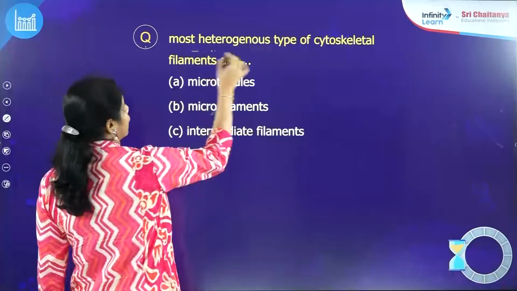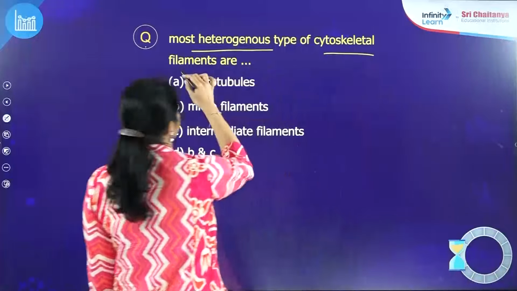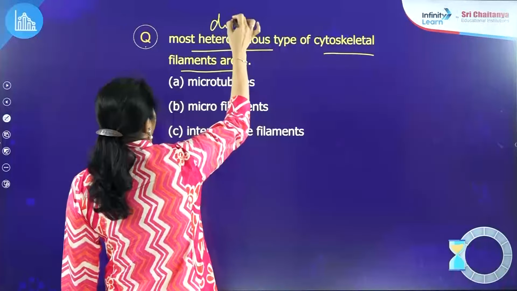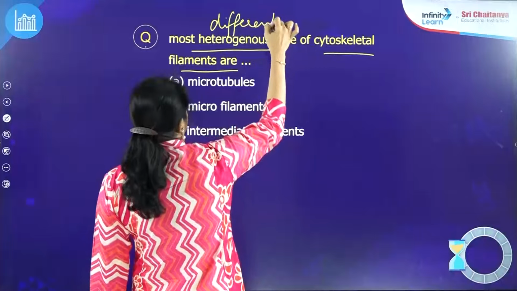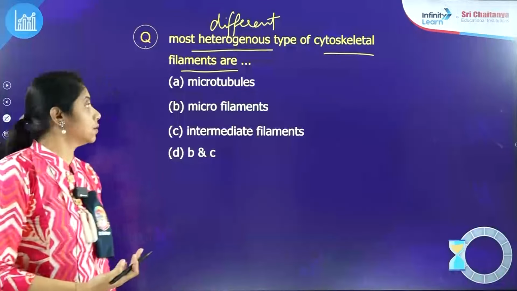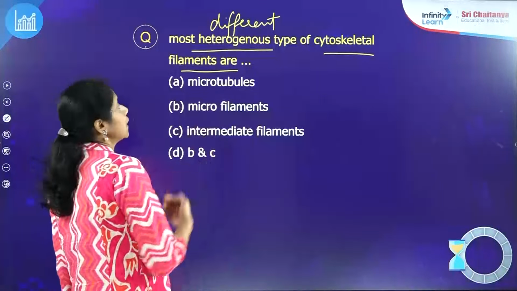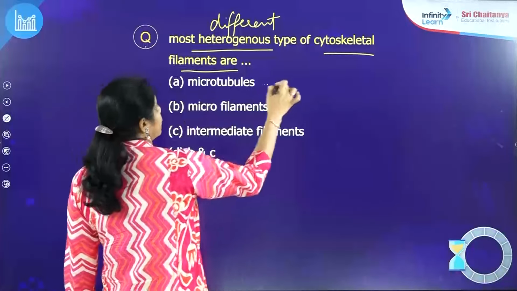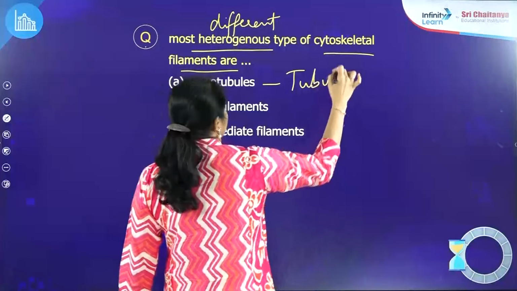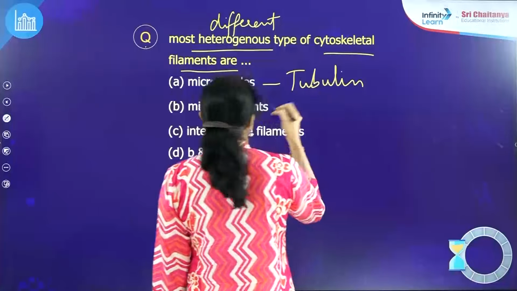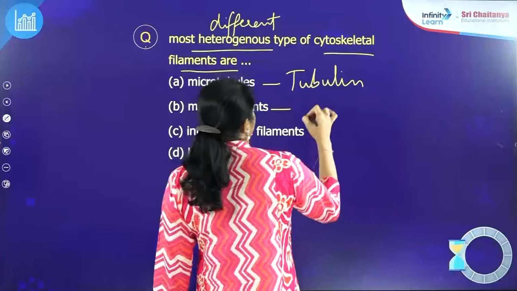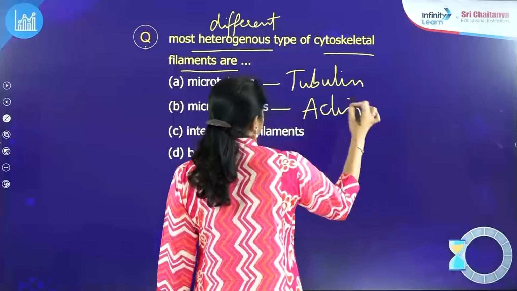Next one, the most heterogeneous type of cytoskeletal filaments are. Heterogeneous means made up of all different kinds of substances, basically proteins. Microtubules are made up of only tubulin protein. Microfilaments are made up of actin.